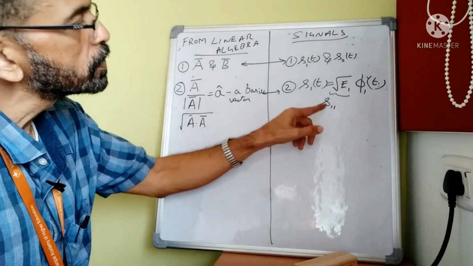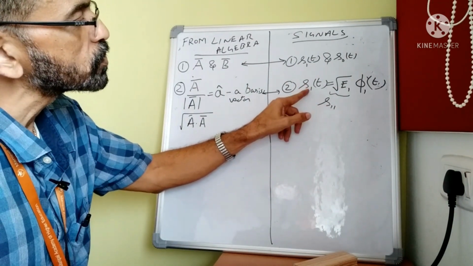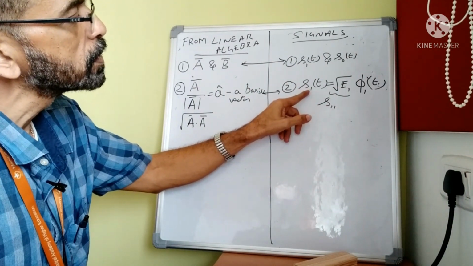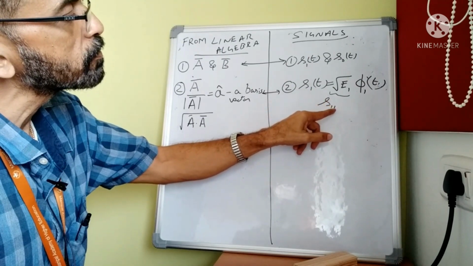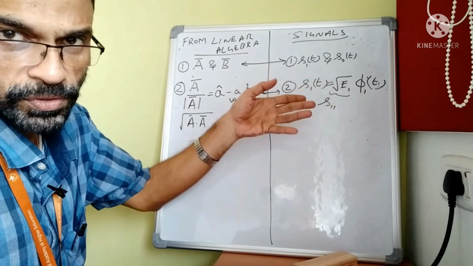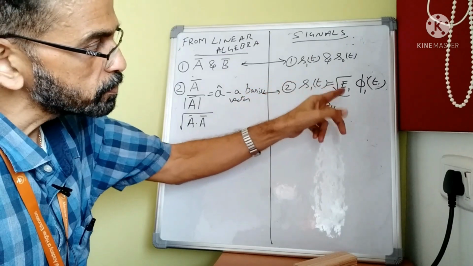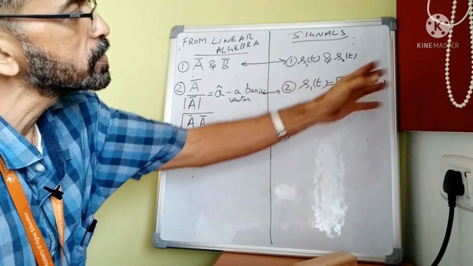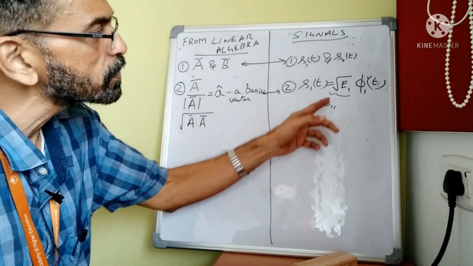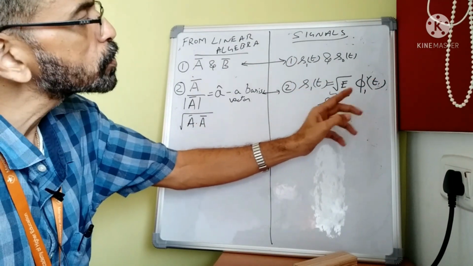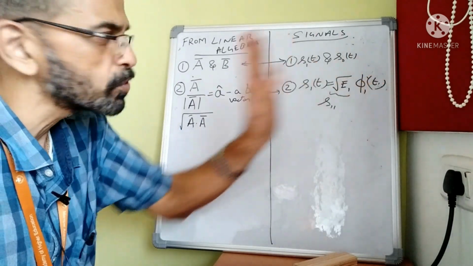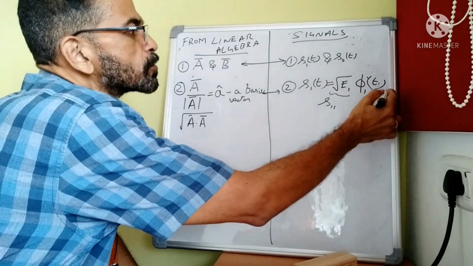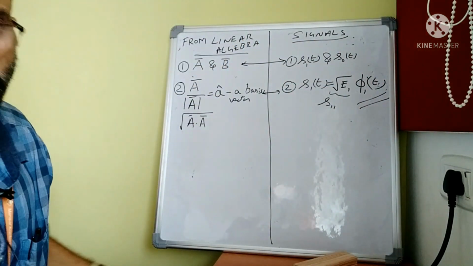The first subscript identifies the signal, and the second one identifies the coefficient index. This means that S1 of t is completely represented as a series representation, with S11 as root E1, S12 will be 0, S13 will be 0, S14 will be 0, and so on. So we have a partial result here.